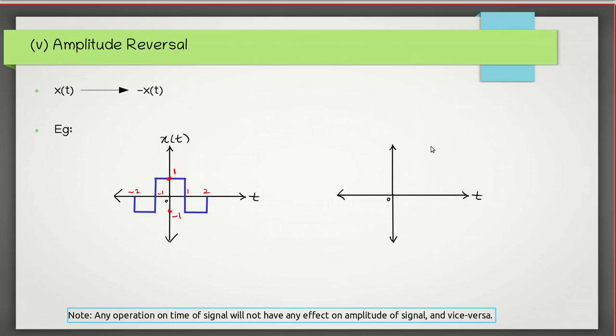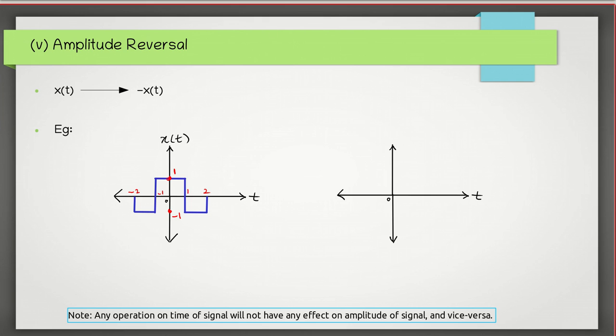The fifth property is known as the amplitude reversal property. This is quite similar to the time reversal property. In the time reversal property, what we've seen is the positive and negative halves of the time axis get interchanged. The amplitude reversal property is quite similar, except instead of the t axis, the amplitude axis, the x of t axis, gets interchanged.